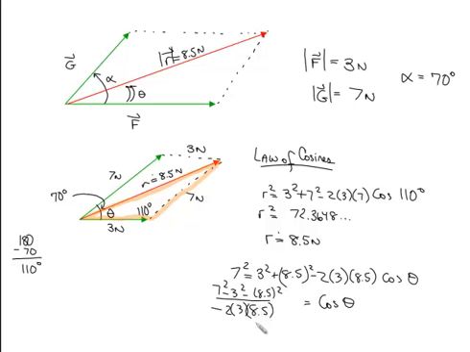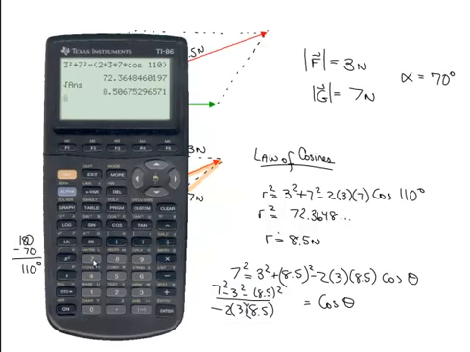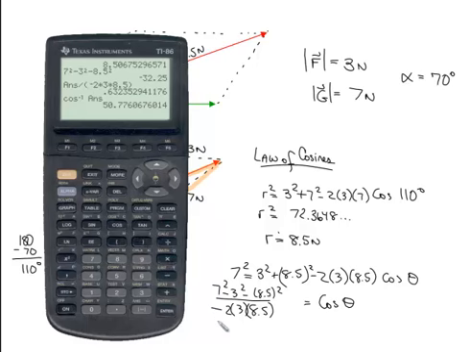Once I get cosine theta by itself, we have a formula that does that for us, but otherwise you can just work out the numbers and move everything over like we did before. I'm just making this a little bit quicker to keep the time down on the video. So 7 squared minus 3 squared minus 8.5 squared, divided by negative 2 times 3 times 8.5, is cosine of theta, and so the inverse cosine of that gives us theta is about 50.8 degrees.